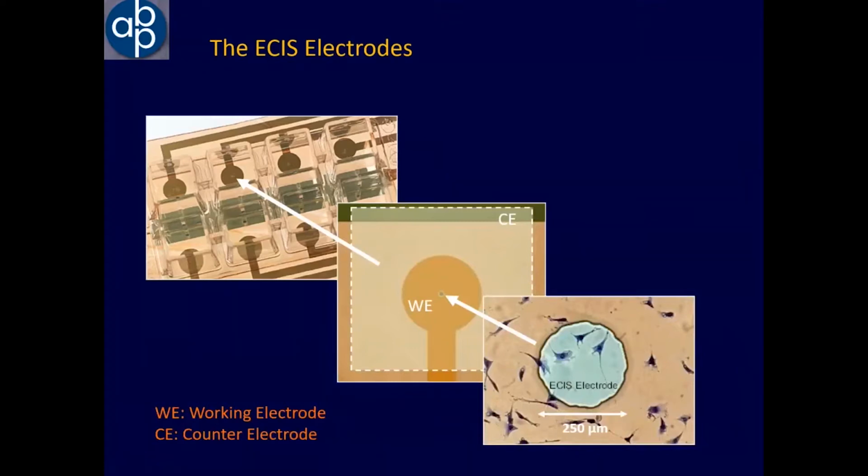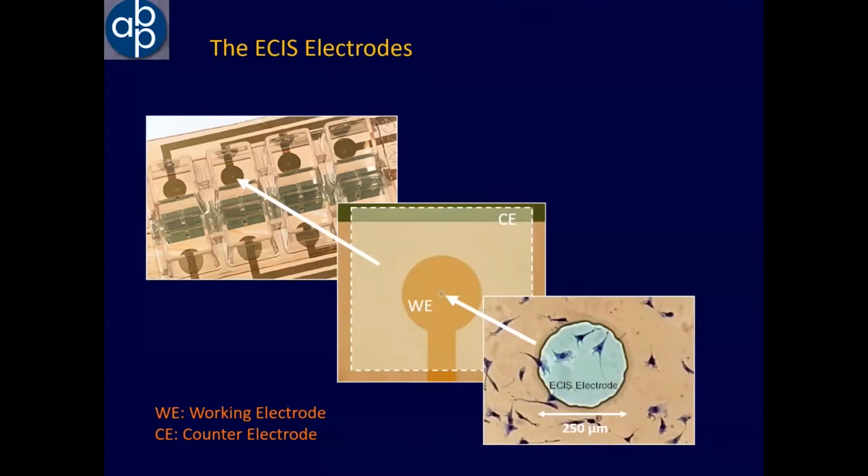And of course, the heart of all of these systems will be the special wells where the electrodes are located, where the cells will be grown. In this case, we're looking at one of our electrode arrays, which has 8 wells. At the bottom of each well, there is a small 250 micrometer diameter electrode. Of course, this is an electrical measurement, so we have to complete the circuit.